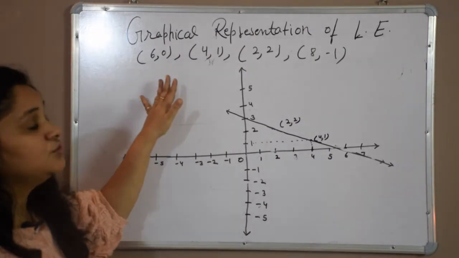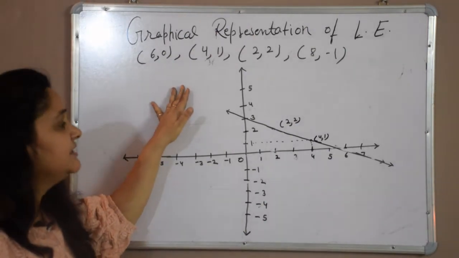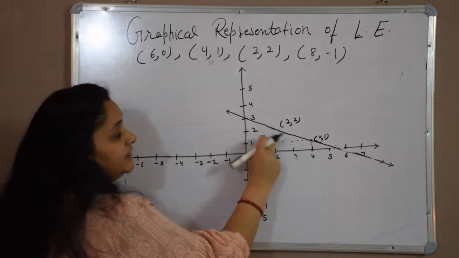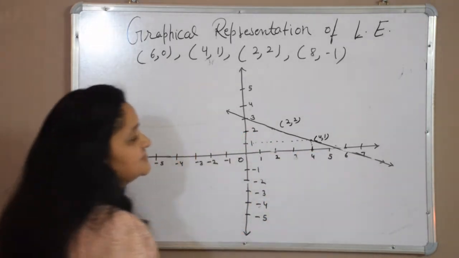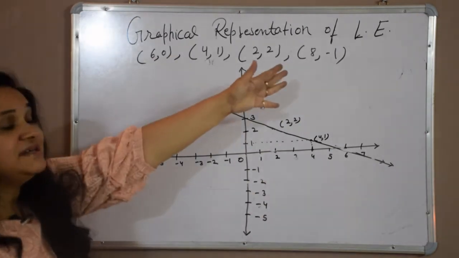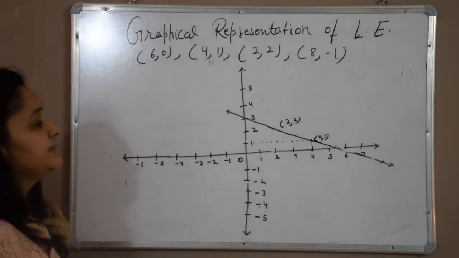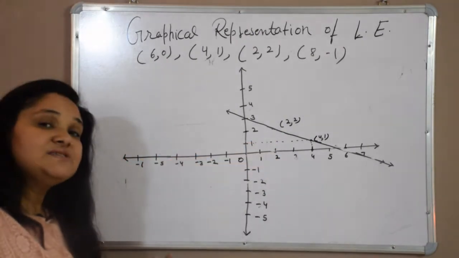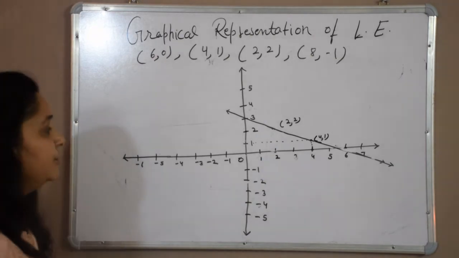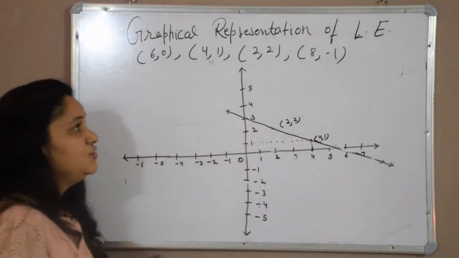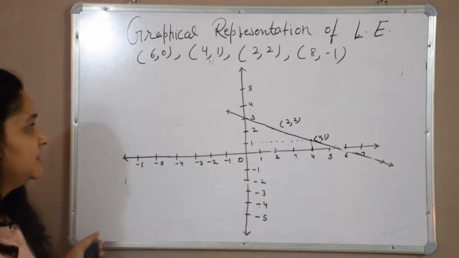Every solution of a linear equation is a point on the straight line, and every point on the straight line is a solution of the linear equation. The vice versa is also true.